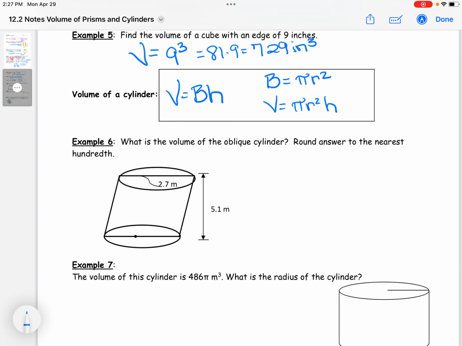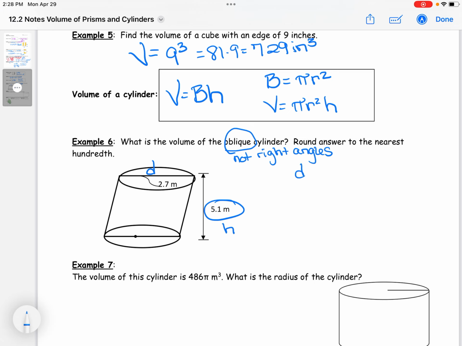Okay, so here's an oblique cylinder because it's squished. It's not right angles. But they gave us the height, which is this. They gave us the diameter, which is this.